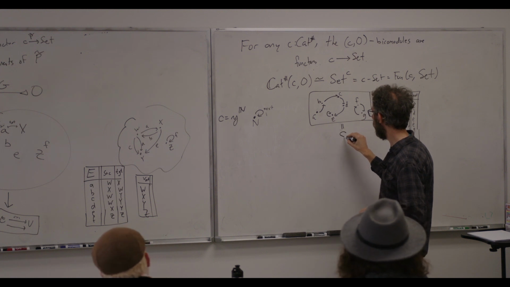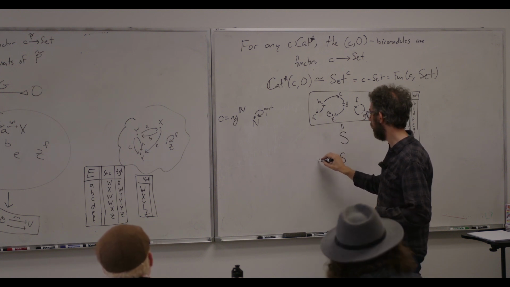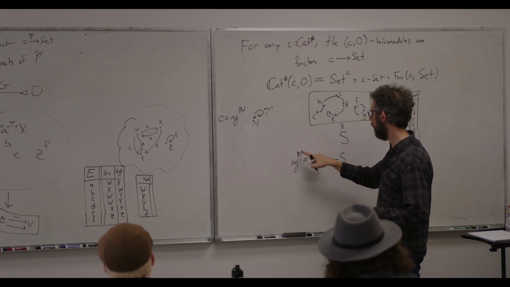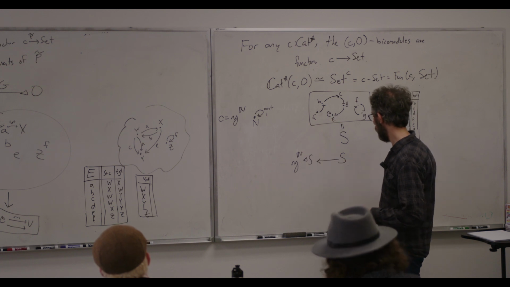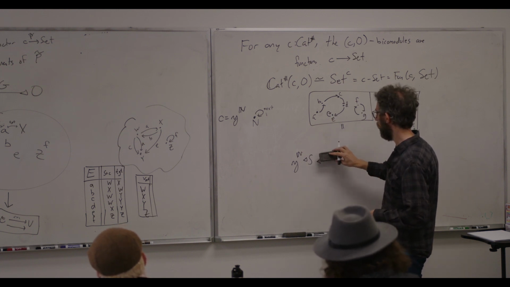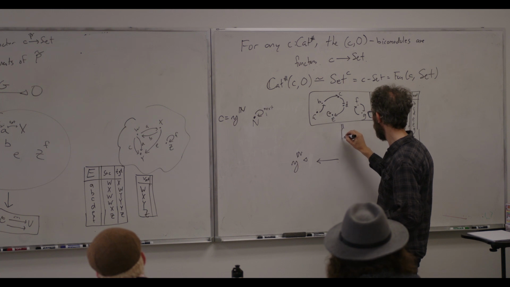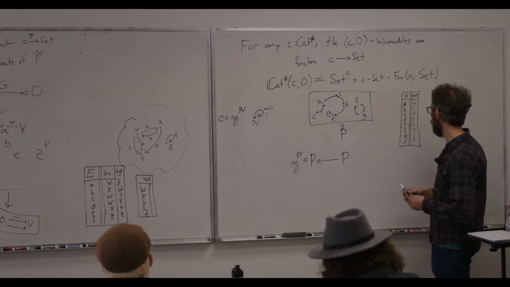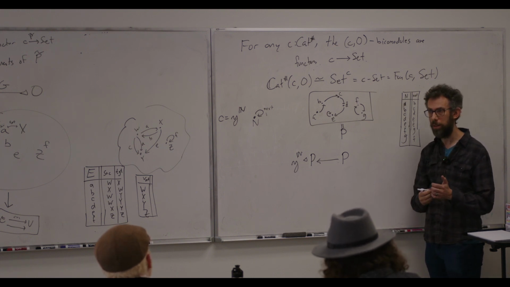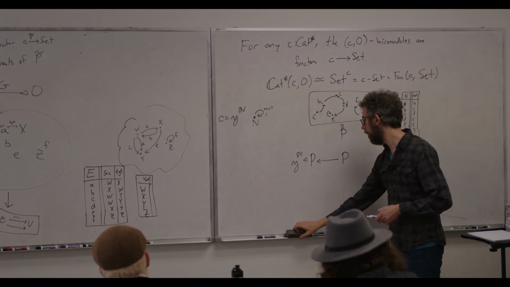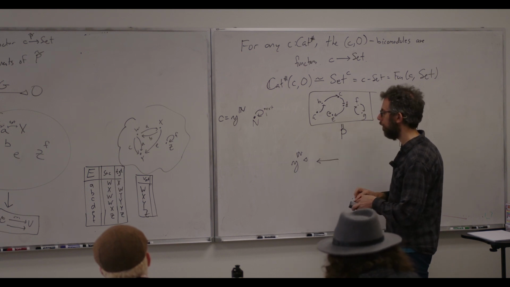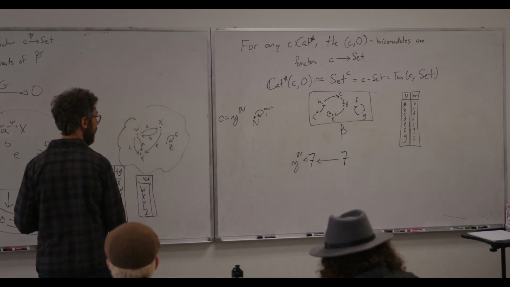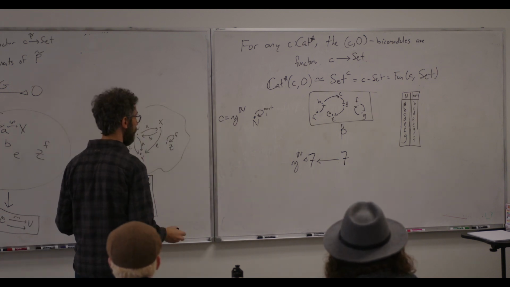And then if I want to think about it as a polynomial, this is going to have a capital P, and there'll be whatever that is, 7. So this is 7.